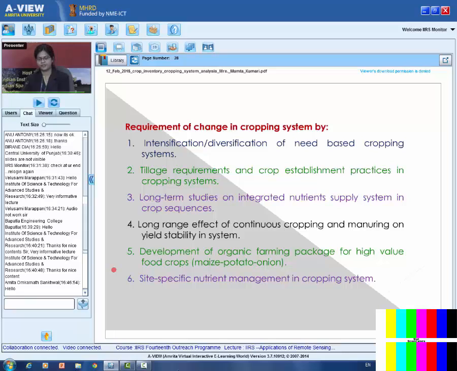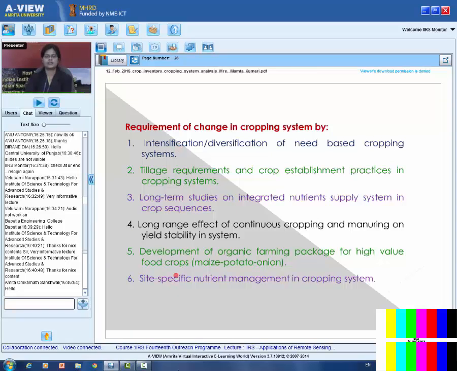Sometimes we are taking cereal after cereal like the rice wheat cropping system, which is harmful because we must consider some pulses in between to restore the nutrients or potential of the soil. So in that condition, we must change the cropping system.